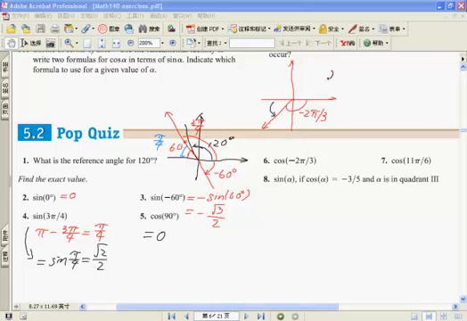The reference angle theta prime for problem 6 is equal to pi plus negative 2 pi over 3, so that is equal to pi over 3. And in quadrant 3, cosine is negative, right? Because the x-coordinate is negative. So this is equal to negative cosine of pi over 3, and this is equal to negative 1/2.